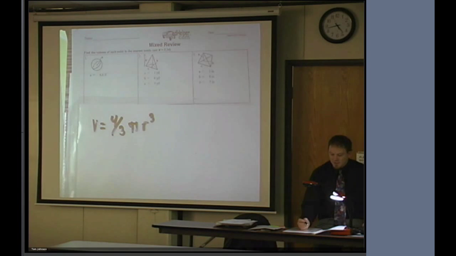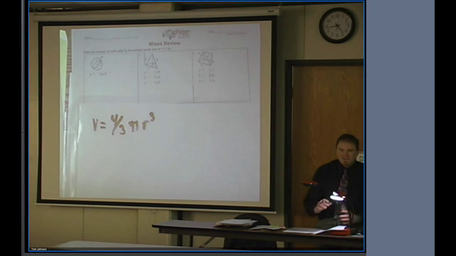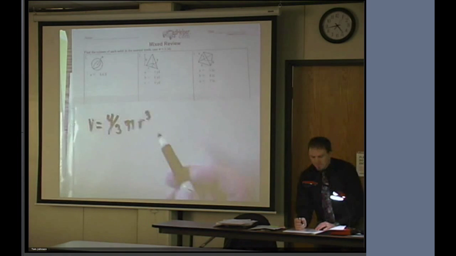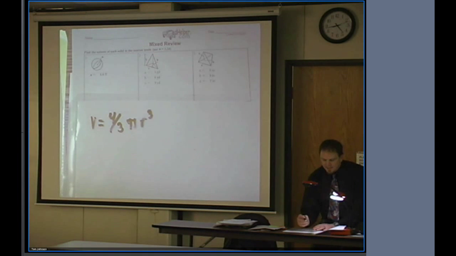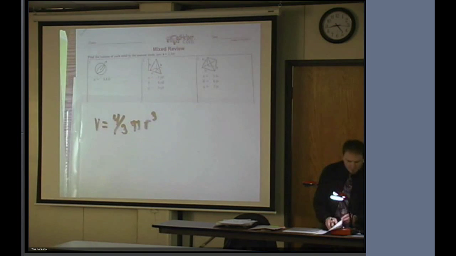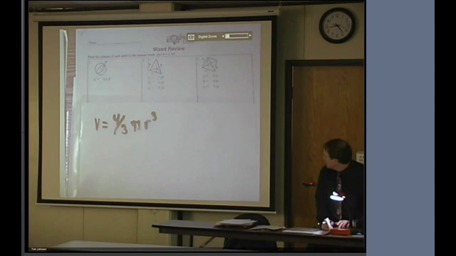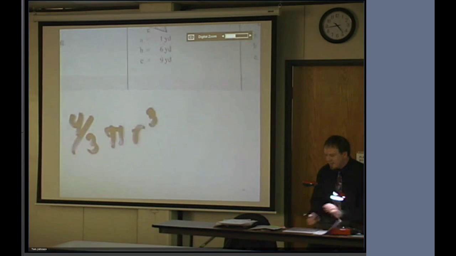All right. So volume equals 4/3 pi r cubed. What does r stand for? The radius. Do I know what my radius is here? Well, looking at that diagram, can I zoom in?